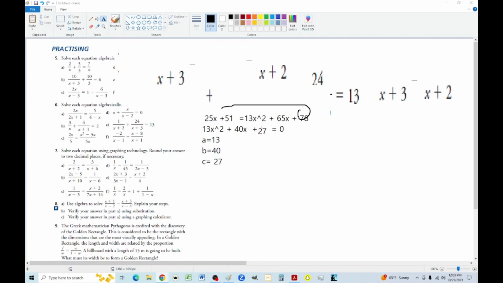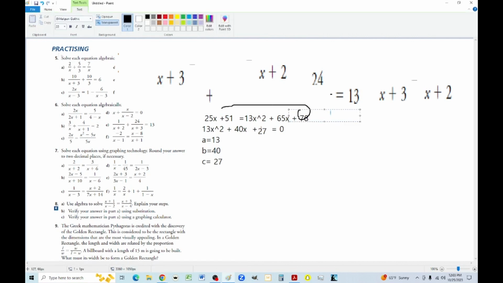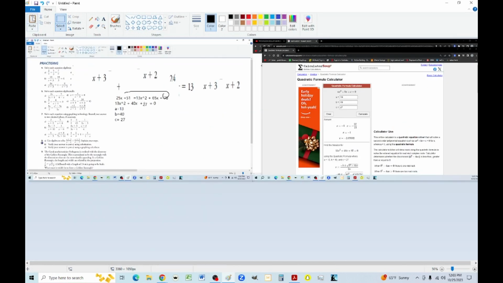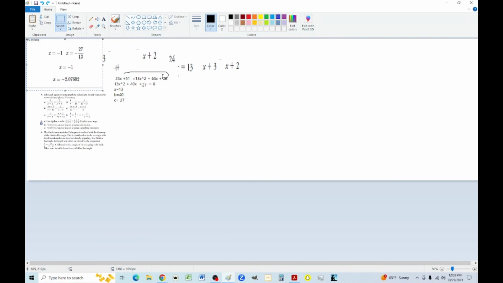I get this. And there's two possible solutions. And these are the possible solutions. X is equal to minus 1 or x is equal to minus 27 over 13.